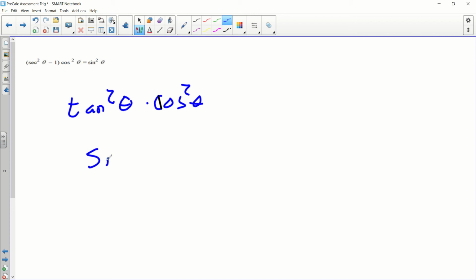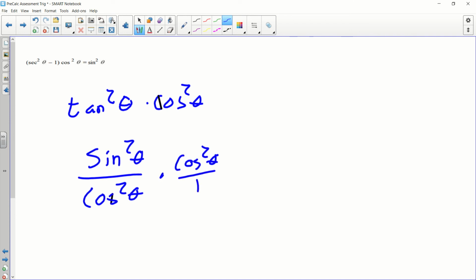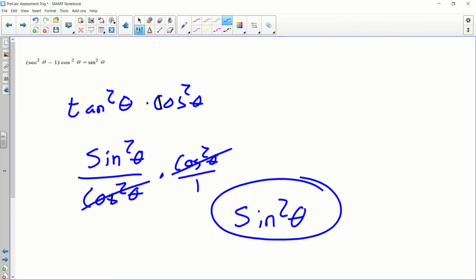Tangent is sine squared over cosine squared. The cosines are going to cancel out, and I'm going to be left with sine squared of theta. And it was as simple as that, because that is what I am trying to prove.